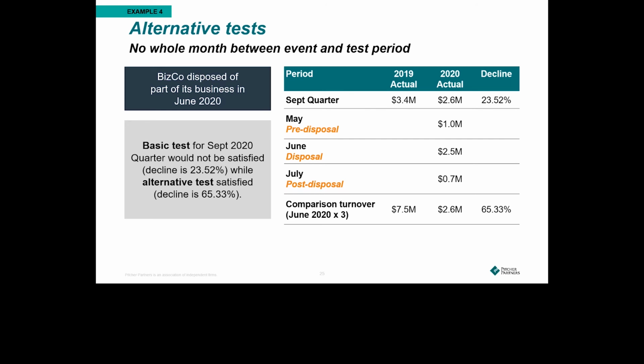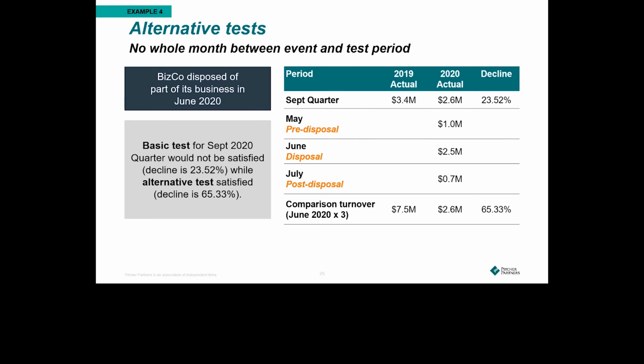And because we don't have the ability to pick up the next month because of this no whole month rule, we're right smack bang before our test period, we're stuck with using the turnover in that period where the transaction occurred. So using 2.5 million times 3 as our comparison period, we have this really high turnover to test the decline against, and you can see we satisfy the 30% easily. It's fallen by over 65%, which again might be an anomaly in these sorts of situations.